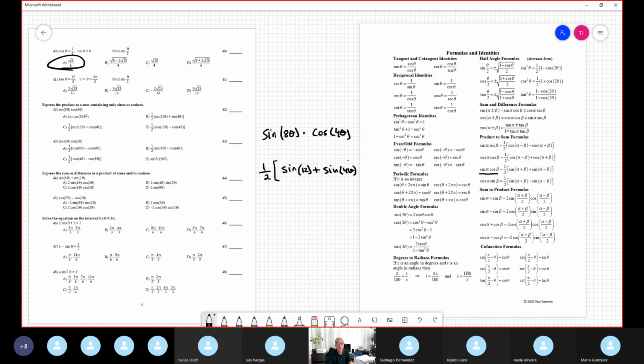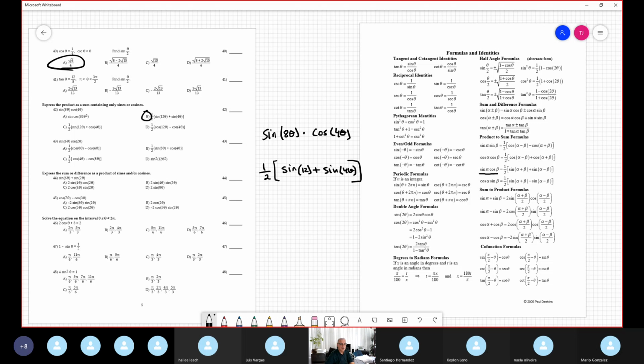Close the bracket. Do you understand very well? Option B. We just substitute in the formula. That's it. No complication, it's just a formula. Got it?